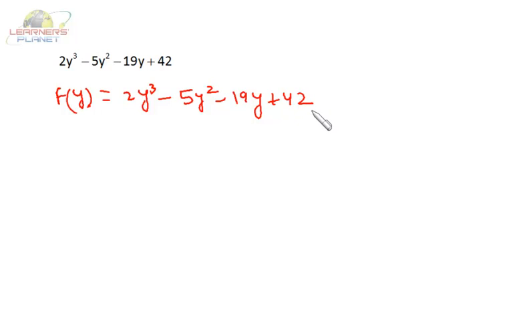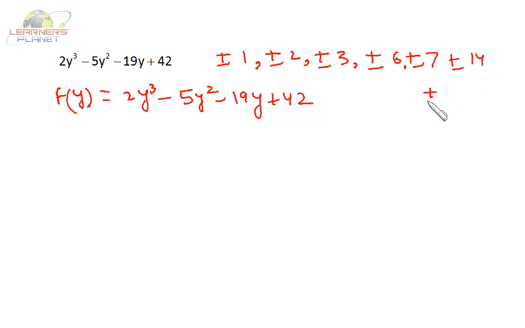Just write down the factors of 42, that is the constant term. These are plus minus 1, plus minus 2, plus minus 3, plus minus 6, plus minus 7, plus minus 14, and plus minus 42.